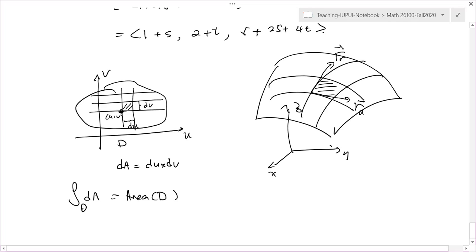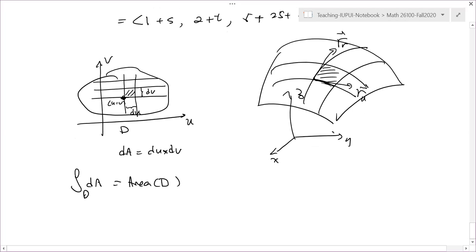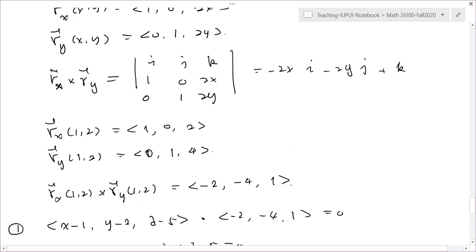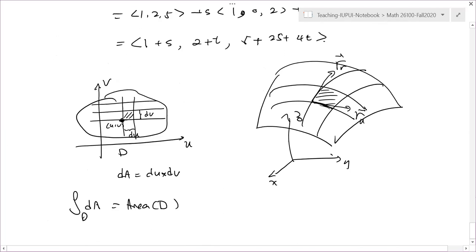Okay. Now, the interesting thing is the arc length of this piece. Yeah, I want to estimate this area, okay? But the tangent vector could be very long, right?